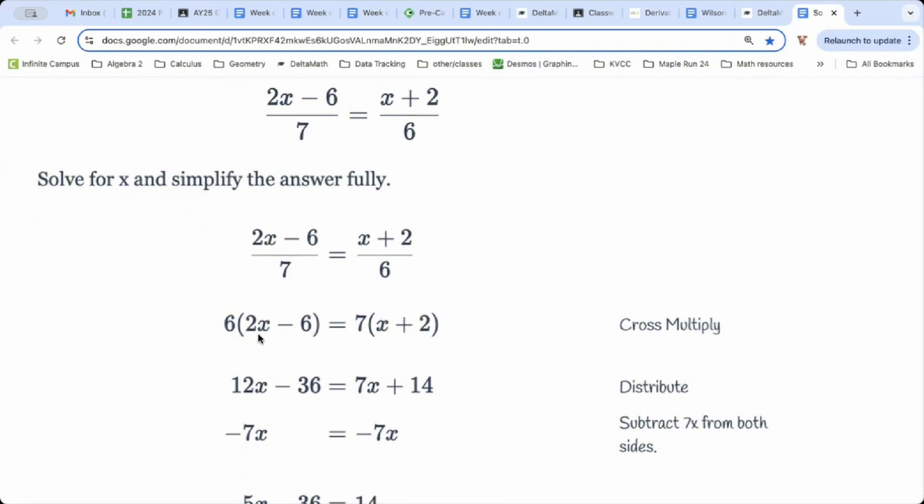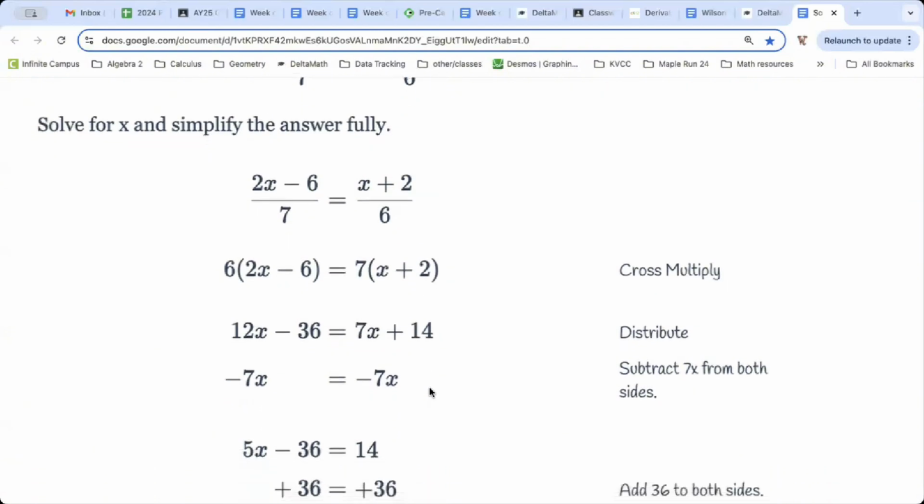So 6 times 2x gives you 12x. 6 times a negative, be careful, there's a negative sign there, so the product is negative 36. The right-hand side is just everything turned 7 times bigger. 1x becomes 7x, and 2 becomes 14.